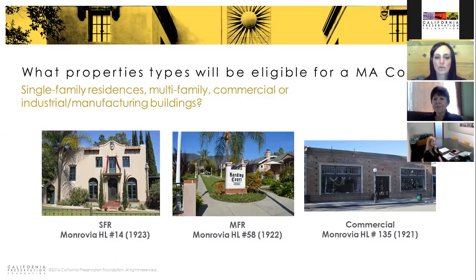These are 15 Craftsman bungalow units, and they came forward and landmarked the entire property to get the Mills Act contract. And the one on the far right was approved as a landmark with a Mills Act contract just last year. It's a commercial property. So you can see that the way it was modeled in Monrovia was to allow all three different types of properties to come forward.